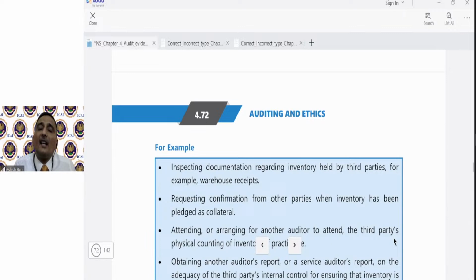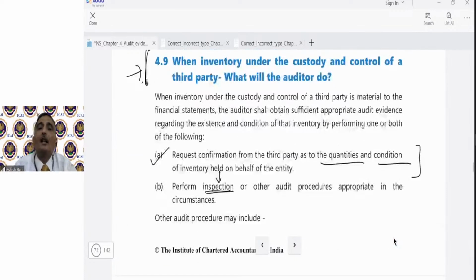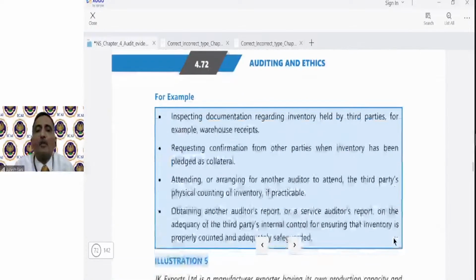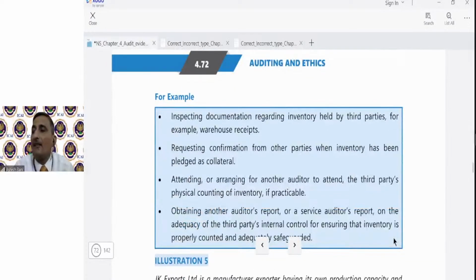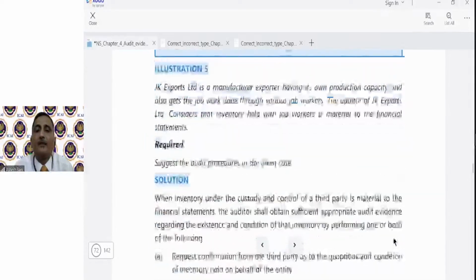Then I may request the auditor of that company to attend the third party's physical count process. So it depends upon the practicality of the situation. It is not necessary that you go to the premises of third party. You can inspect or you can perform any other procedure. Okay, you can inspect document or any other thing which provides you the evidence.